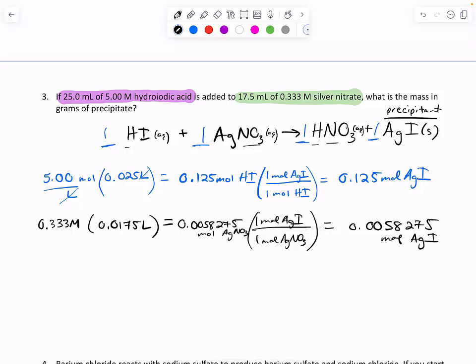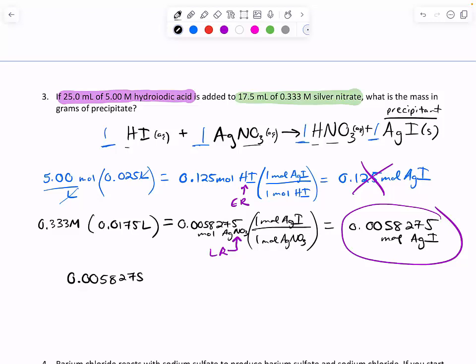At this point, you're like, oh yeah, it's a limiting reagent problem. I need to decide which one is smaller. So this one's bigger, which means my HI is my excess reagent. And my limiting reagent is silver nitrate, which means this is the value that goes forward. What do I need to turn it into? I need to turn those moles into grams of silver iodide. At this point, you're like, oh yeah, that's easy.